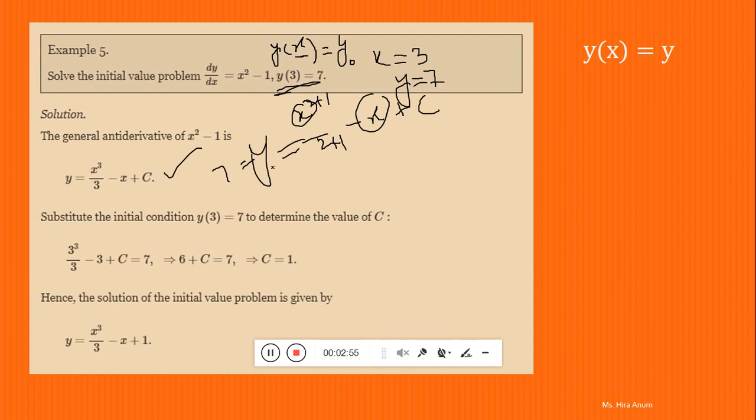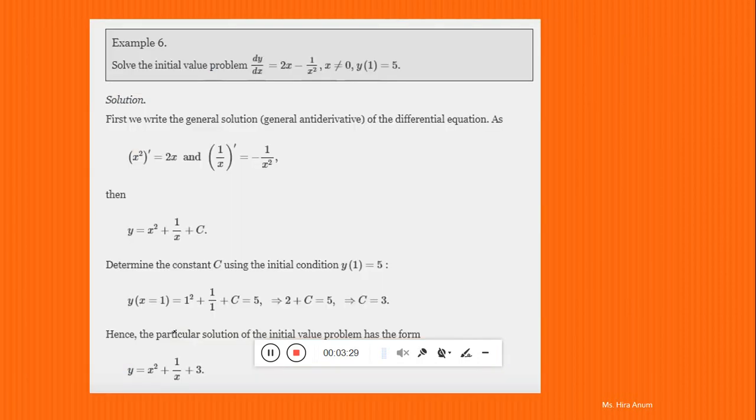So 3 cubed over 3 minus 3, putting the value of x, plus c, equals putting the value of y, which is 6 plus c equals 7. Then c equals 1, because 7 minus 6 gives c equals 1. Putting the c value here, it becomes y equals x cubed over 3 minus x plus 1. This is the answer.